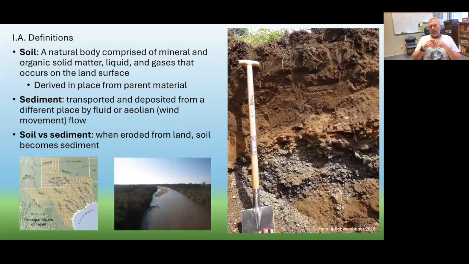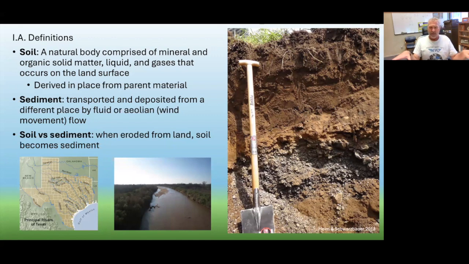Okay, so let's work through a couple of definitions. Soils. These are bodies comprised of a mixture of mineral and organic solid matter. They can also have liquids and gases in them, and all of this occurs on the land surface. So this is the exposed land on top of the continents.